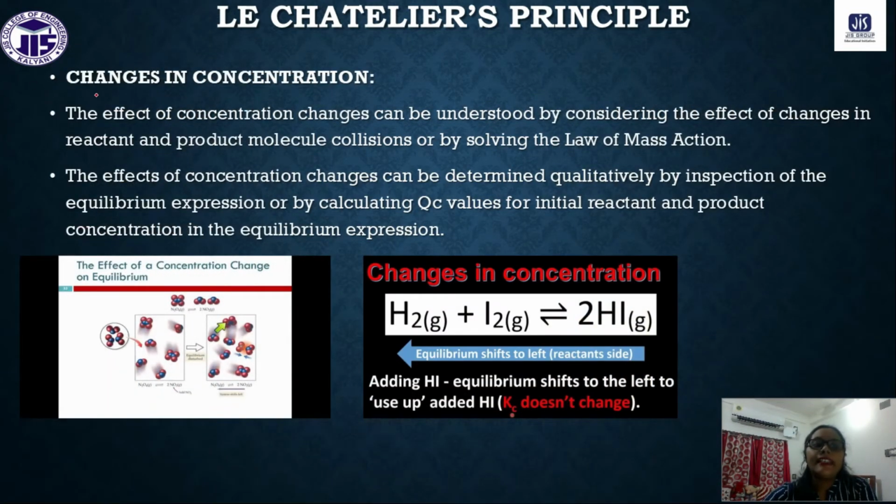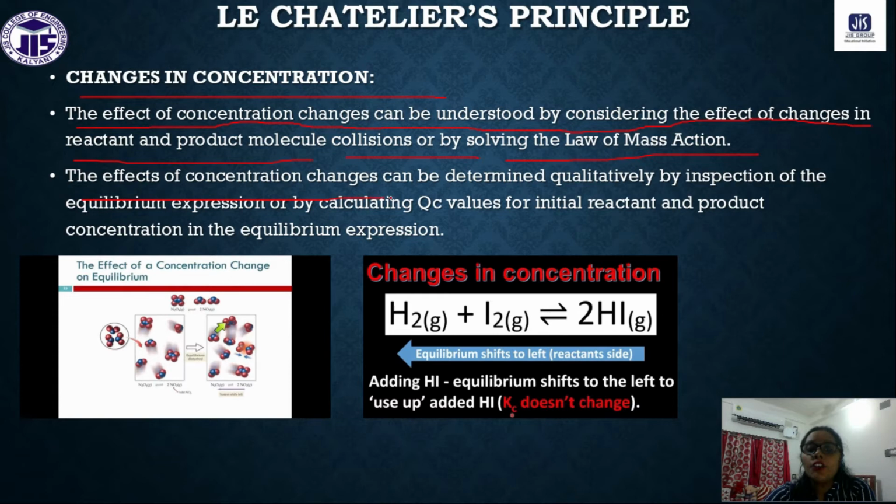Now, changes in concentration. We will see if we change the concentration of the reactant or the product, what will be the effect on the reaction. The effect of concentration changes can be understood by considering the effect of the change on reactant and product molecule collisions, or by applying the law of mass action.